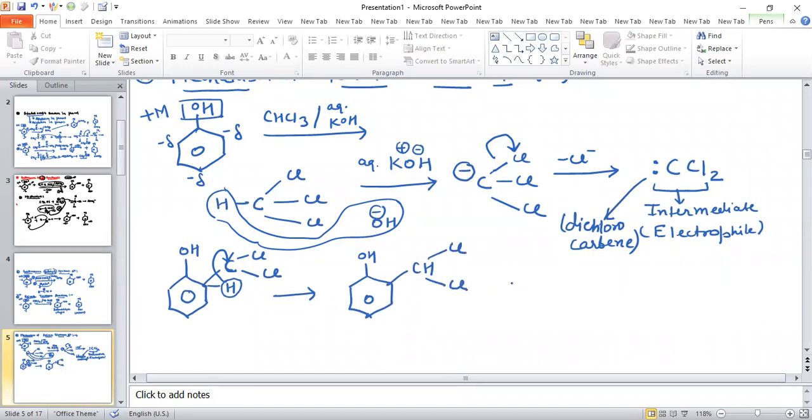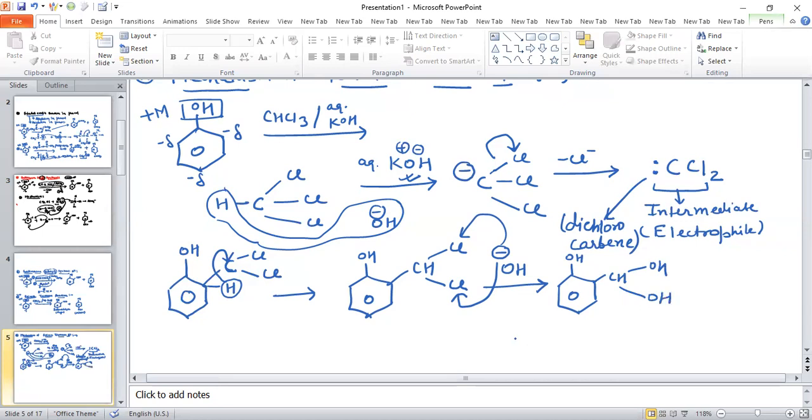Now what happens? Because the medium of the reaction is basic, the OH minus ion is present in the solution. So this OH minus will replace this Cl, and also this OH minus will replace this Cl. When OH minus ions replace these two Cl atoms, it will be like this: this is CH, this is OH, and this is also OH.